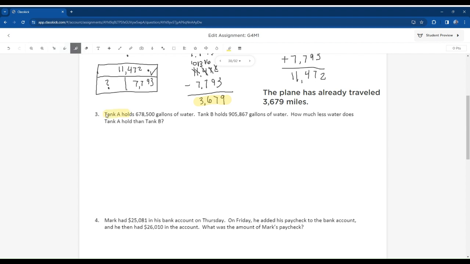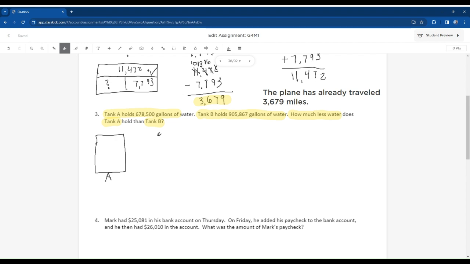I'm going to use a picture to show number 3. Tank A holds 678,500 gallons of water. Tank B holds 905,867 gallons of water. How much less water does tank A hold than tank B? So just use this little rectangle here.